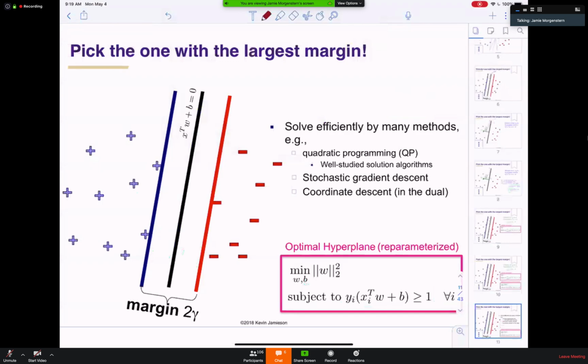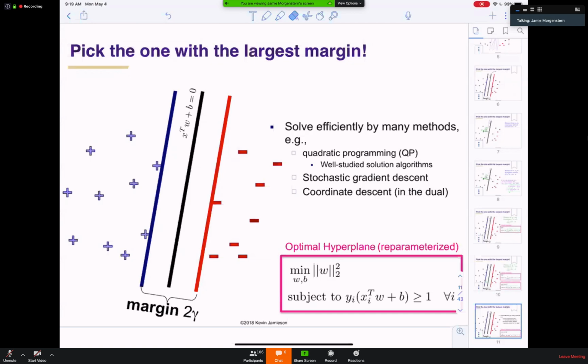Okay. So you might ask how we could optimize and actually pick W, which minimizes its L2 norm subject to having this margin. We've talked about a few different methods in the past few classes that would be appropriate here. Stochastic gradient descent would work well. Standard gradient descent too.